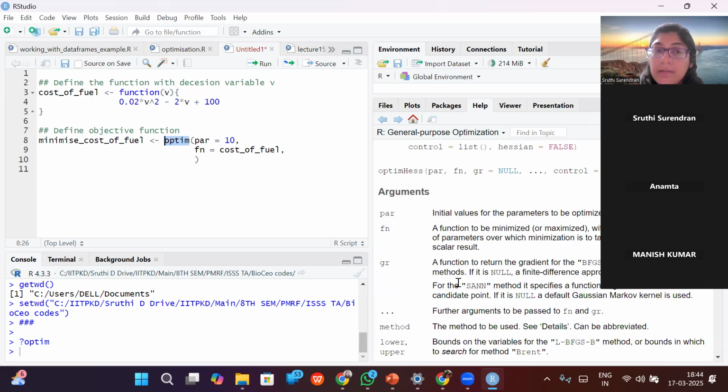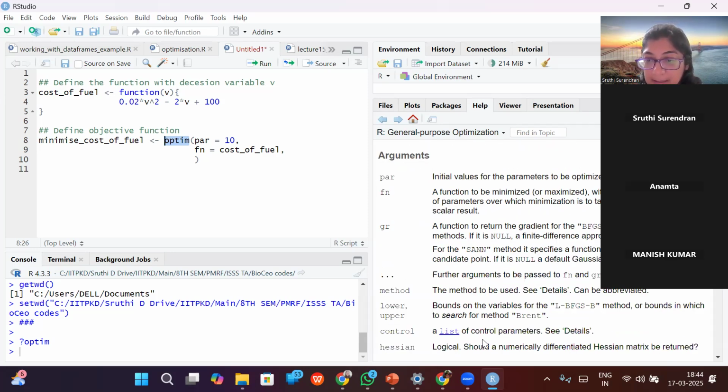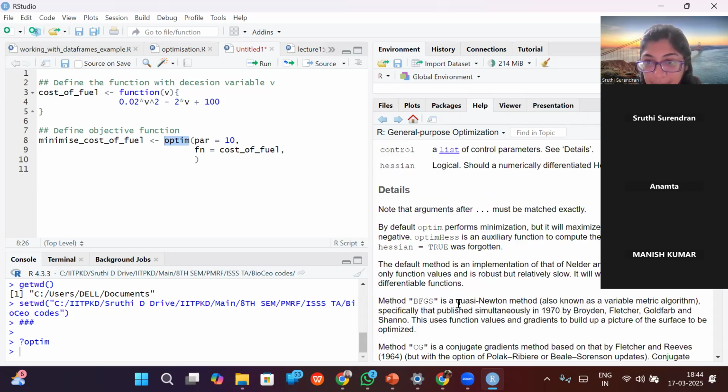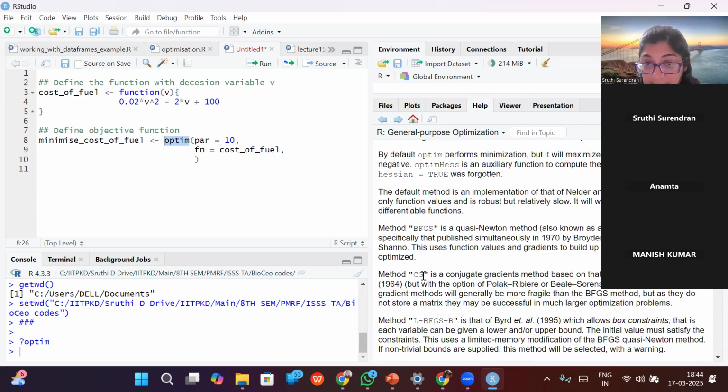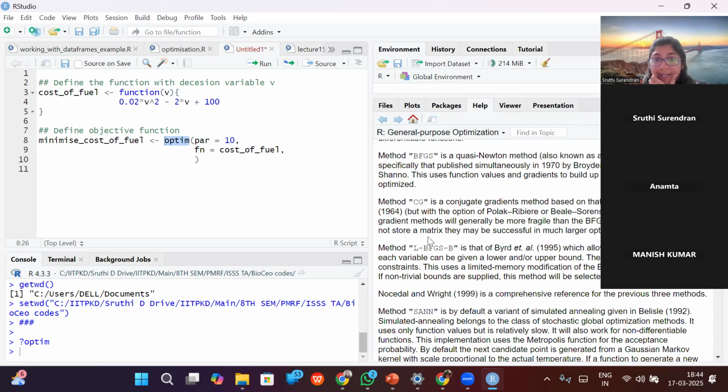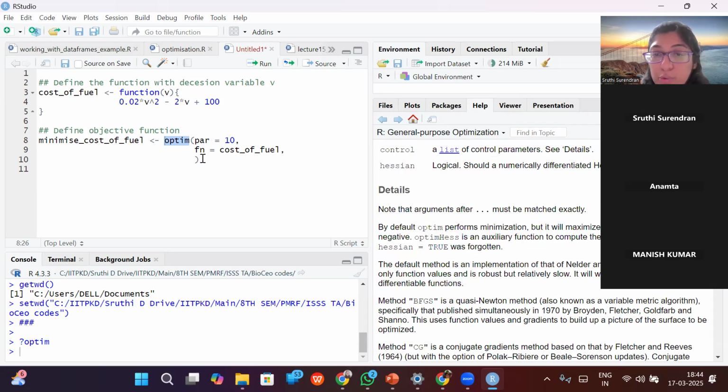So there are methods where you can apply constraints. If you go to details in the methods, the method BFGS can be used to apply constraints. CG can be used to apply constraints. LBFGS can be used to apply constraints. But by default, optim is performing minimization.